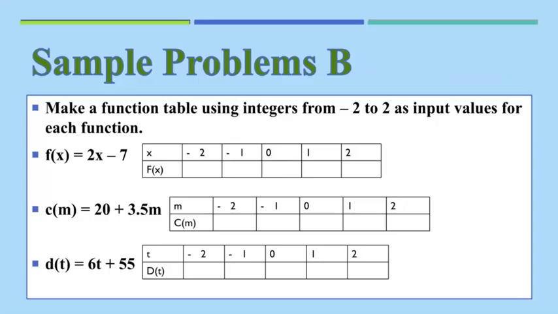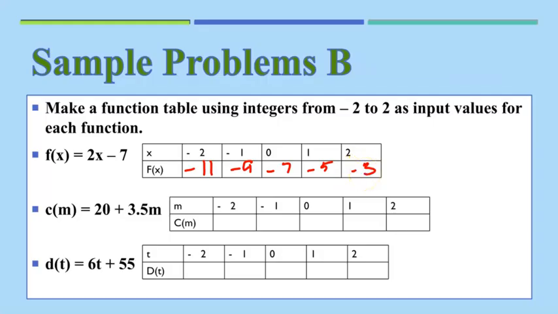So if I put -2 in for x, -2 times 2 is -4. -4 minus 7 is -11. 2 times -1 is -2, minus 7 is -9. 2 times 0 is 0, minus 7 is -7. And 1 times 2 is 2, minus 7 is -5. This last one, if I put 2 in there, that's going to give us -3.